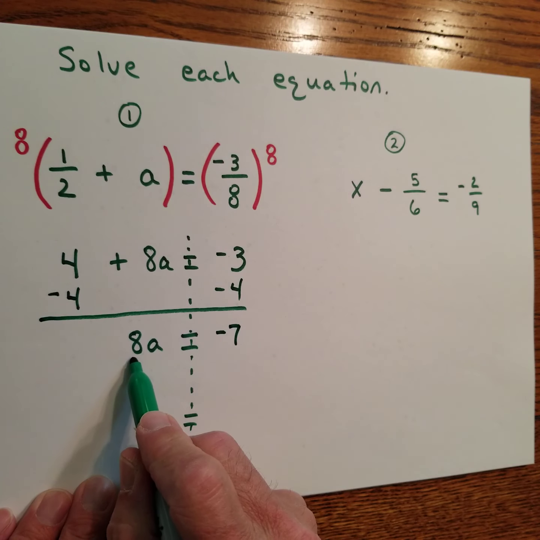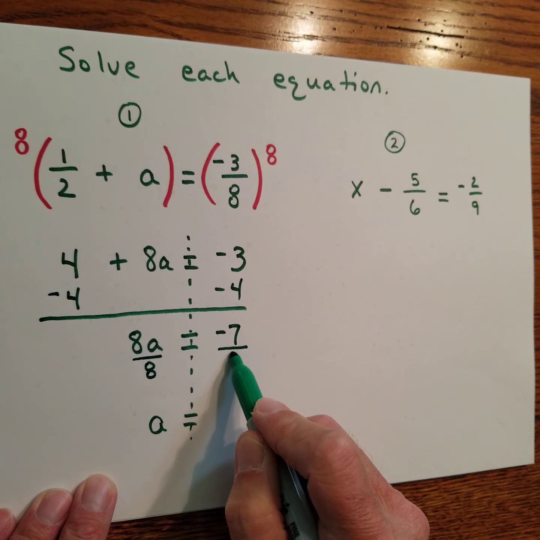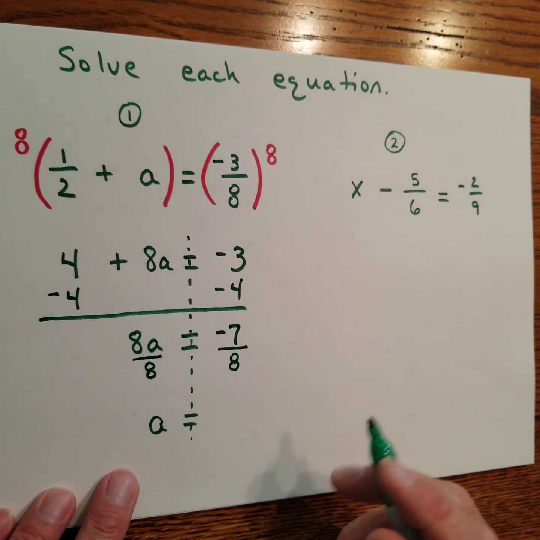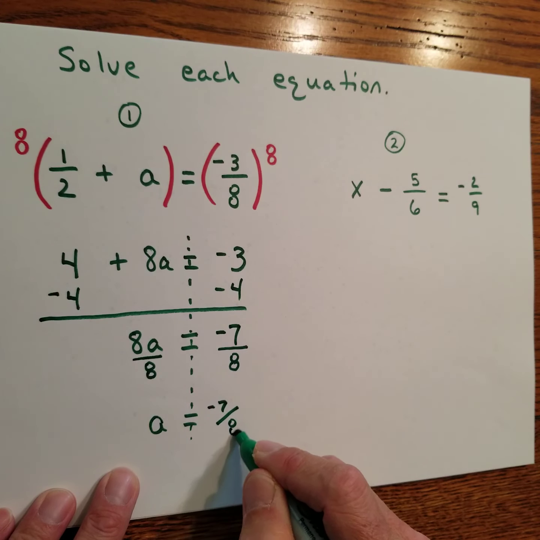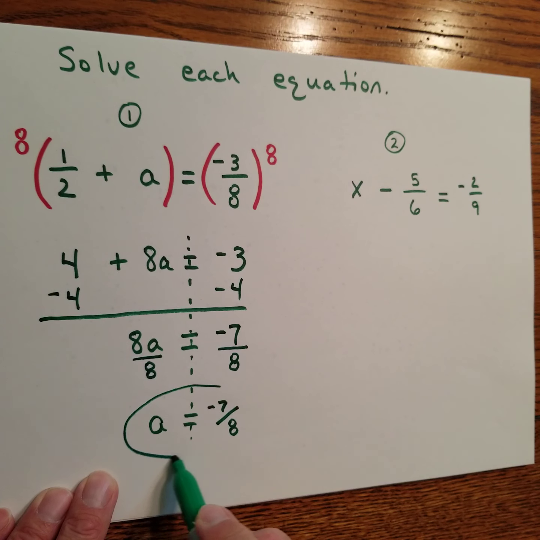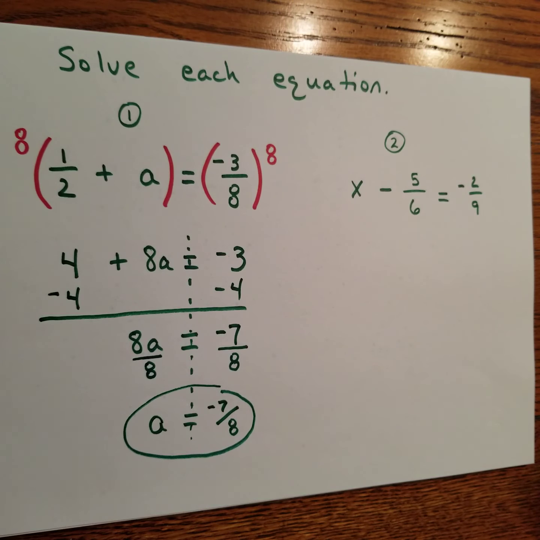Now get a by itself by dividing by 8. Uh-oh, I can't divide -7 by 8. Well, that's all right. That just means that my final answer is -7/8. This problem started with lots of fractions. No reason to believe that it wouldn't end with a fraction for the answer.